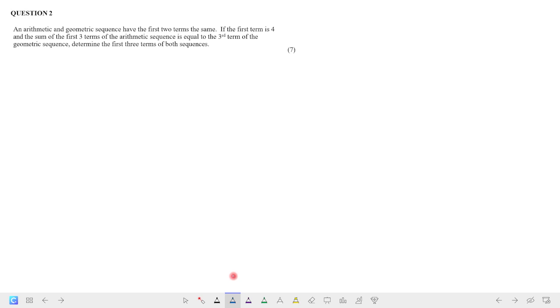So let's read the first statement. It says that an arithmetic and a geometric sequence have the first 2 terms the same. So the first thing you need to do is write down the arithmetic, and then the second part, the geometric.